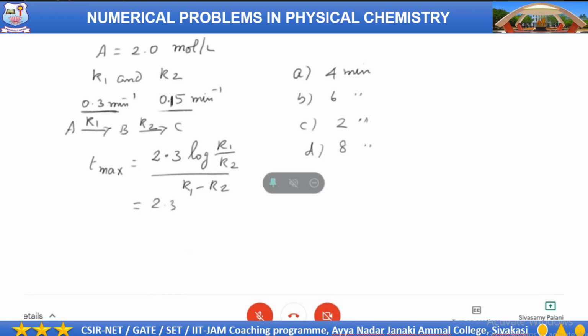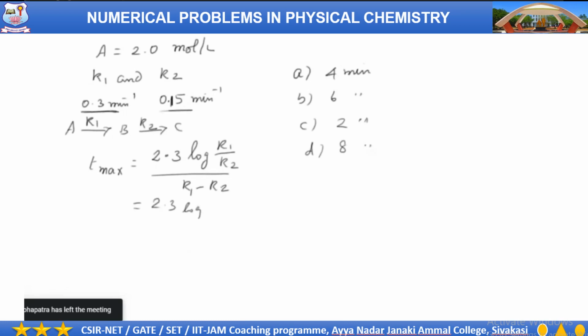2.3 into log of K1 equal to 0.3 by K2 equal to 0.15. That is equal to log 2. Log 2 is equal to 0.3.